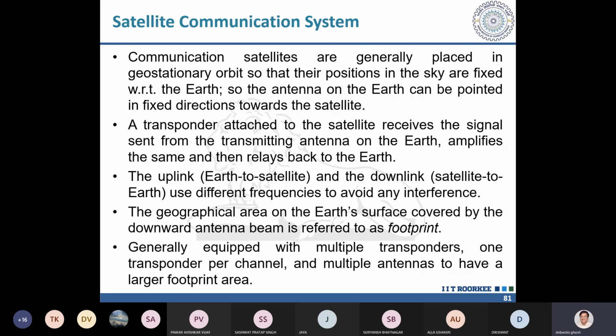You can increase the footprint area if you have multiple antennas, because one antenna is directed and has a very small coverage area. So we generally use multiple antennas, and also multiple transponders, one transponder for every channel. That is how the whole satellite communication system works.